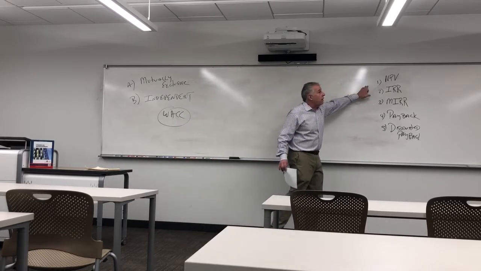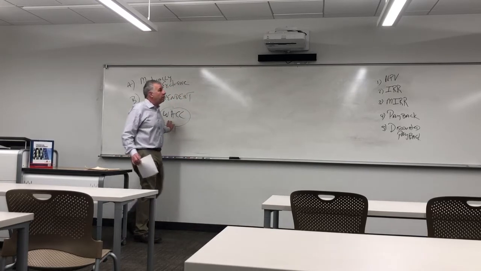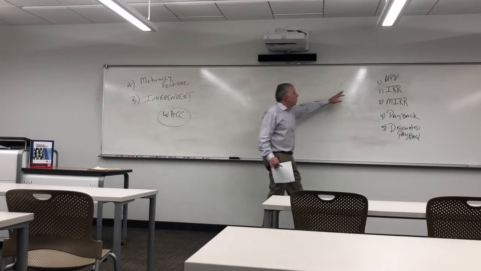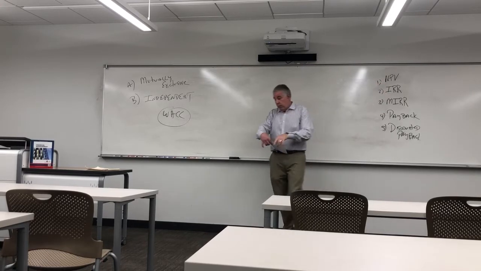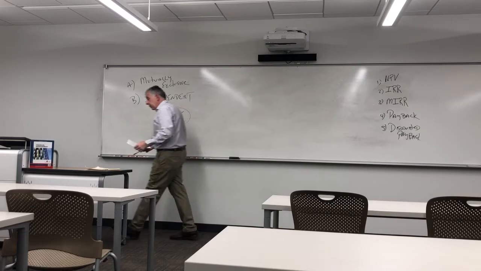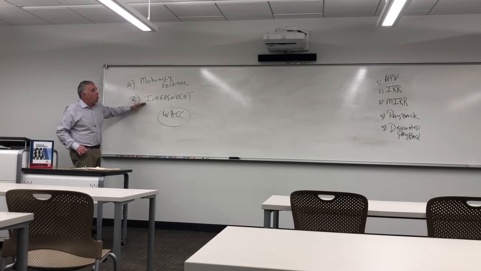But net present value will use weighted average cost of capital. Net present value is the best method to use. Net present value can be used to evaluate mutually exclusive or independent projects.